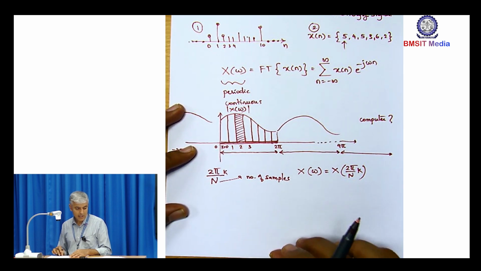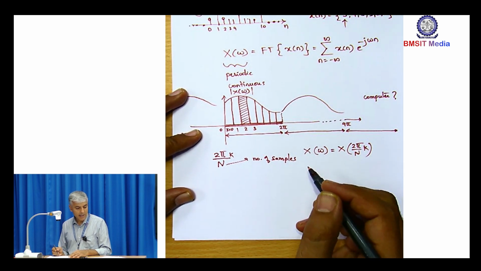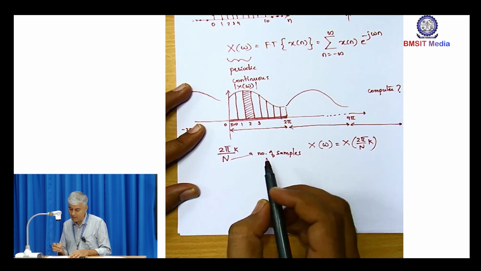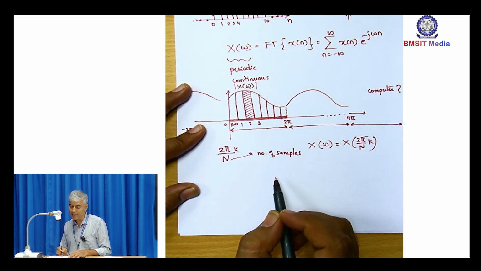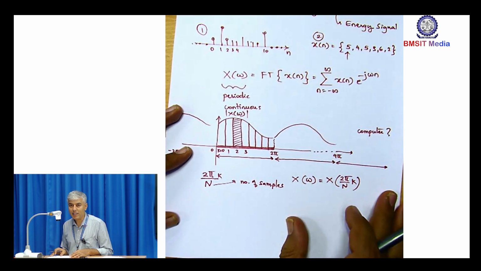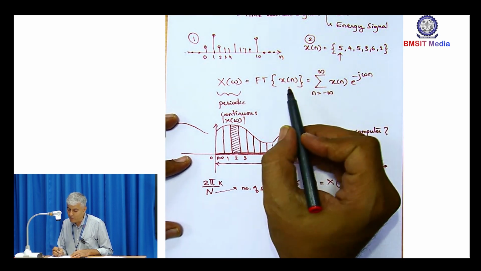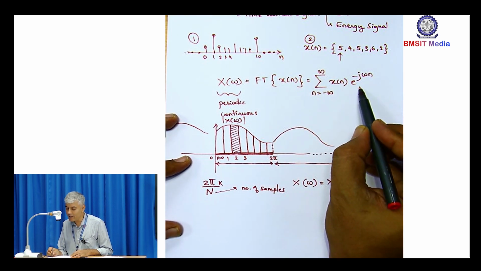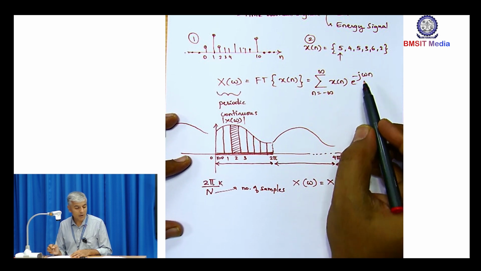So this representation can be included in our previous representation, that is the previous equation over here. So the equation is summation x of n e raised to minus j omega n.